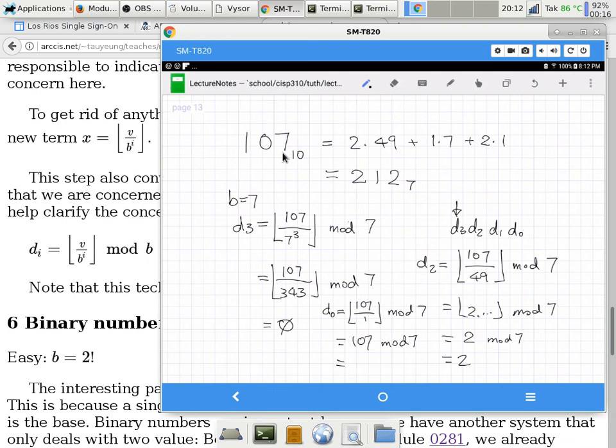Is the answer to 107 mod 7 2? Yes, that is in fact 2. So 107 has to be in base 10? 107 is in base 10 because I need some default base when I try to specify a quantity.